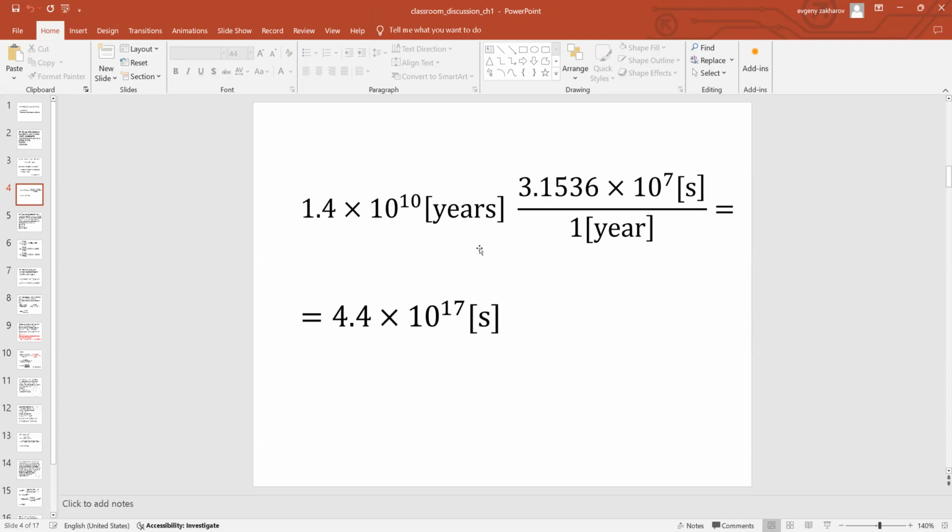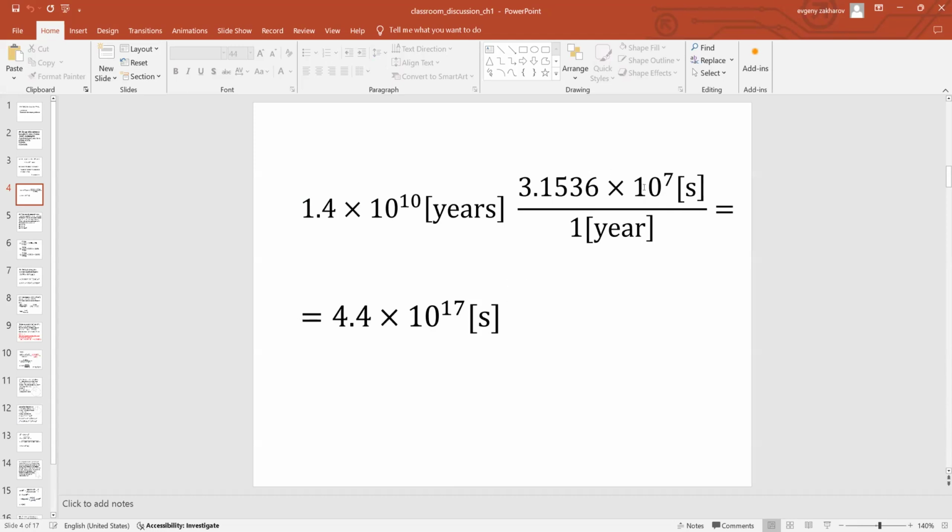So your rapid estimation gives you 4.5 times 10 to the 17th power, which is not too far away from the actual true value. Should make sense. Let me know if this is still confusing. But a perfect example of rapid estimating and your conversion factor.